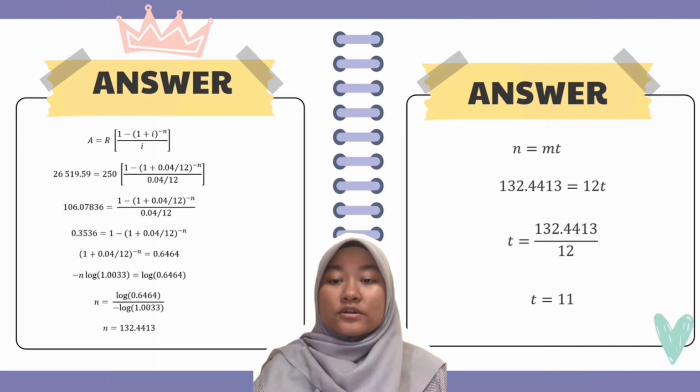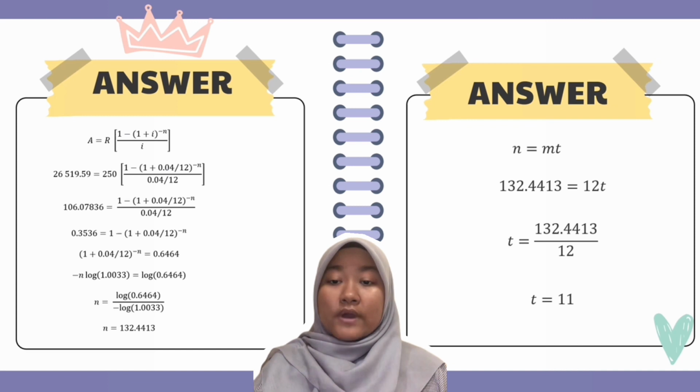Then we got 0.3536 equal to 1 minus (1 plus 0.04 divide by 12) to the power of negative n. (1 plus 0.04 divide by 12) to the power of negative n equal to 0.6464.